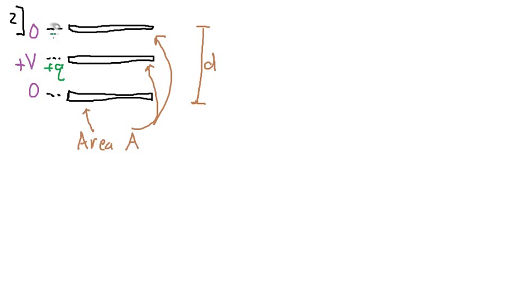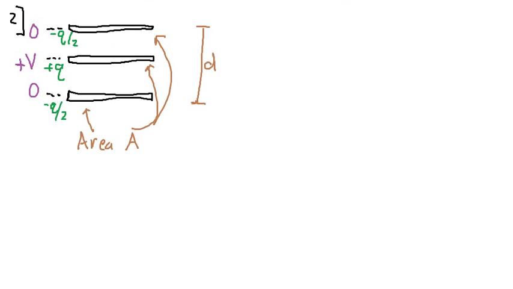So this plate will get a charge of plus Q, and then the negative charge, equal in magnitude to this, will be split between the other 2 plates. So it's going to be negative Q over 2, negative Q over 2. Okay, so we've got 3 plates now, and each one has a different charge on it.